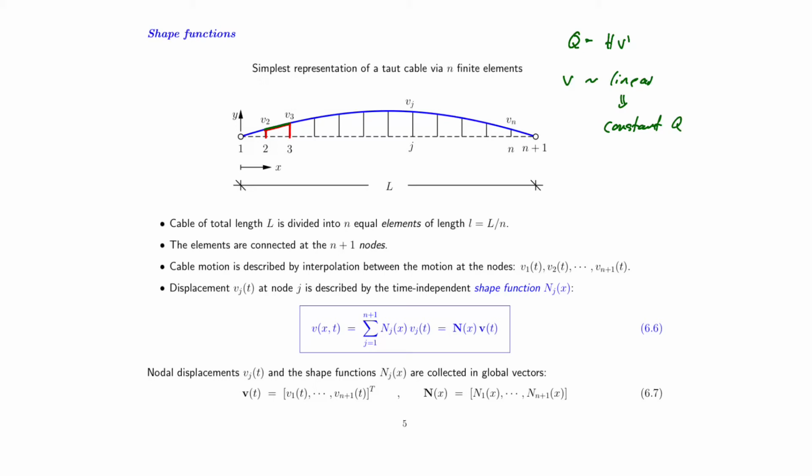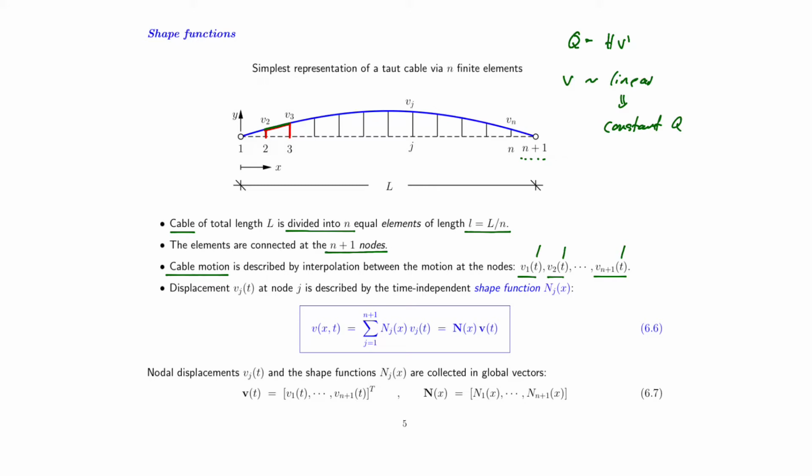So we take our cable and we divide it into n, in this case, equal elements. We don't have to do that, but in principle it's nice and easiest to do it that way. They are connected by nodes, and if we need n elements, we will in this case need n plus 1 nodes. Then we assume that the cable motion can be represented by nodal transverse displacements, and these transverse displacements are then functions of time.